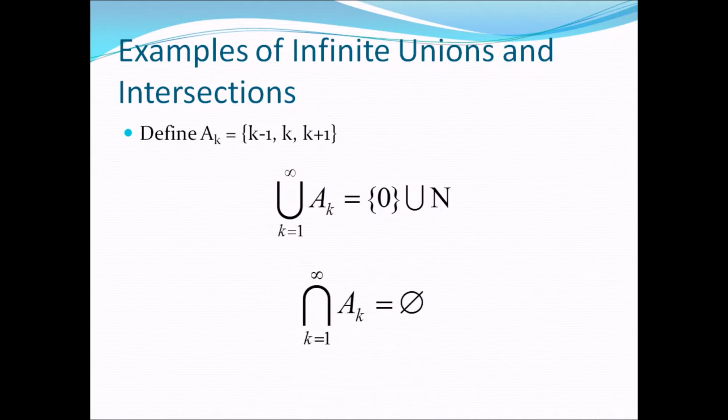Likewise, the intersection of all these sets is equal to the empty set. We can see that because A of 1 and A of 25, for example, their intersection is the empty set, and if you intersect the empty set with anything, you get the empty set.